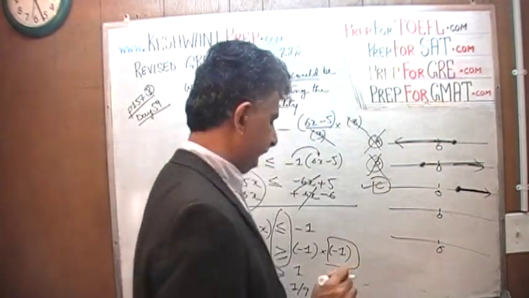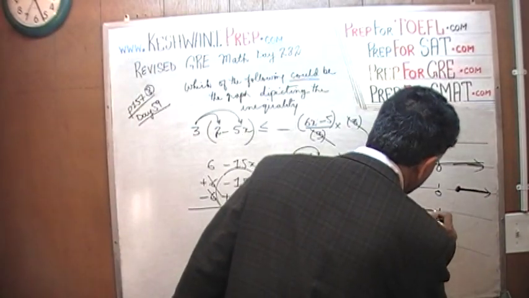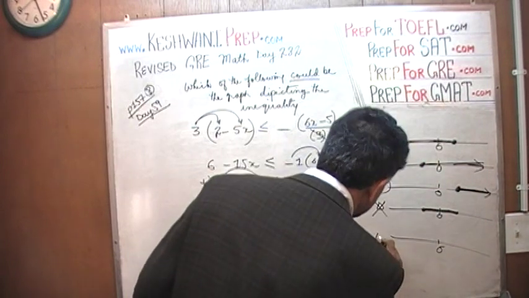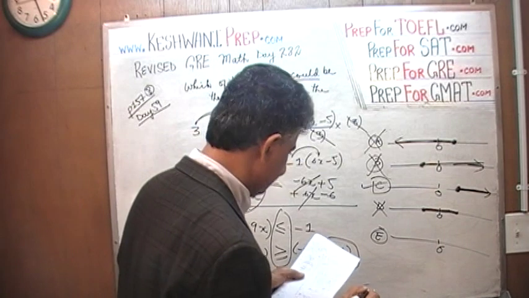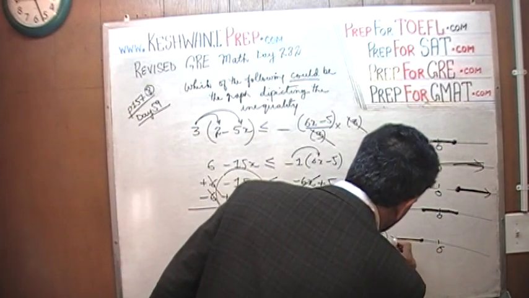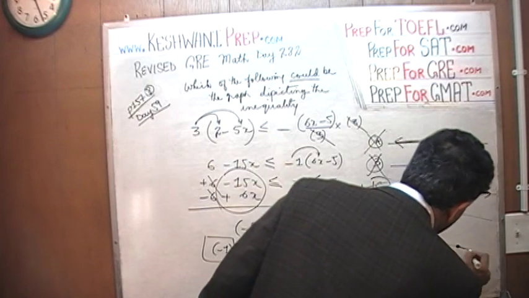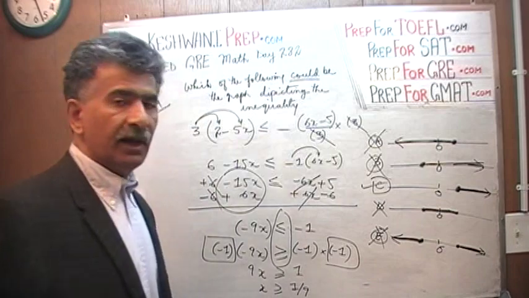The answer is C. But D is not the answer because D goes between positive and negative. That's not it. And E shows a situation where part of it is negative and part of it is positive. That's not it. The answer is C.